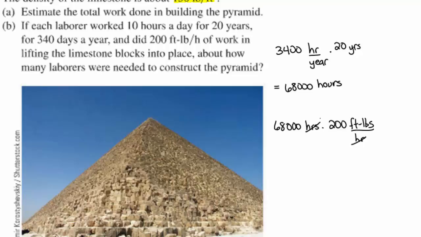And now we have a very large number. Doubling it up, 136, and we have 1, 2, 3, 4, 5 zeros, or in other words, 1.36 times 10 to the 7th foot-pounds in a worker's lifetime.